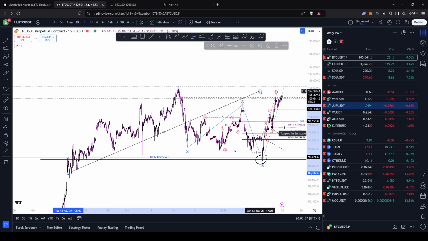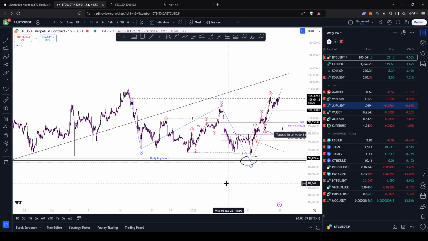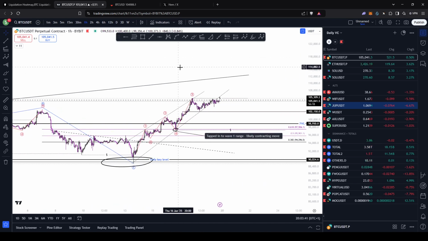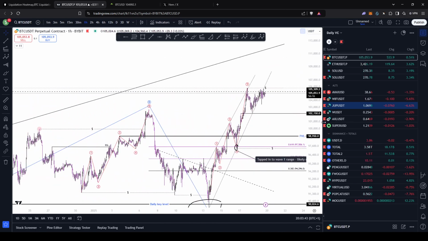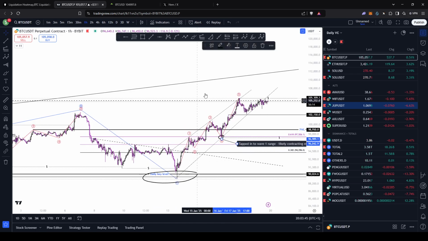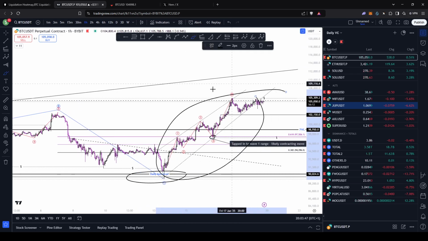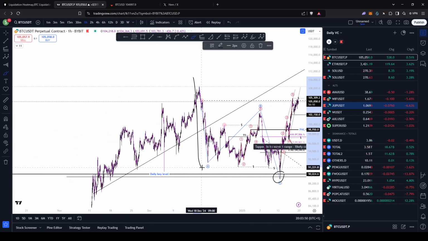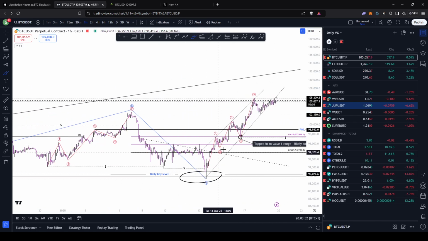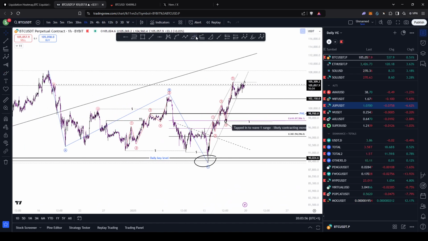So with that, we do have some sort of structure inside of it. I wanted to try to count Elliott waves inside of this, because this was my larger A, B, C. The easy Elliott wave count in here would be just as simple as this. This is wave 1.